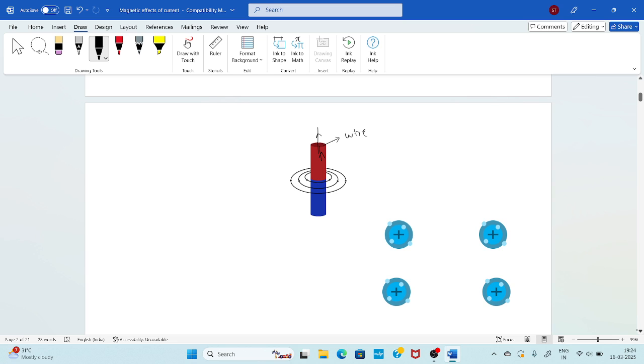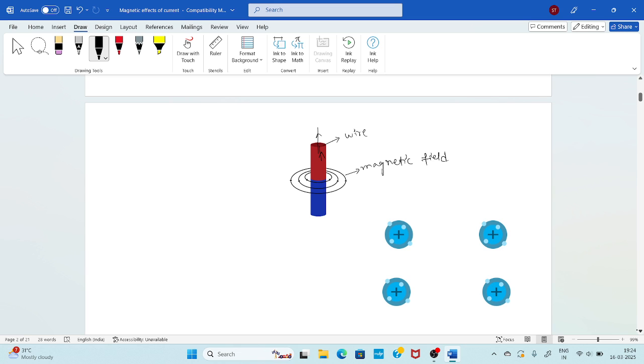Here this is the magnetic field. The magnetic field is perpendicular to the direction of the current flow.